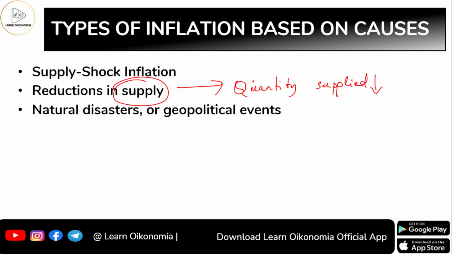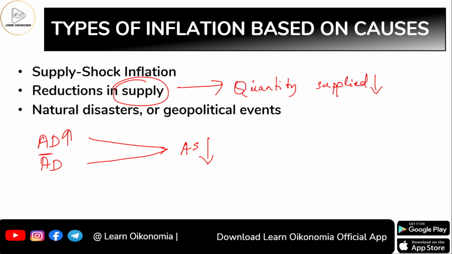So what will happen when the quantity supplied is coming down, at the same time demand remaining the same? Here aggregate demand will not be having any change. Either it will be increasing or else aggregate demand will remain the same. But the problem here is that this will coexist with the aggregate supply coming down. So why is this aggregate supply coming down?